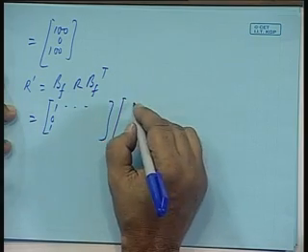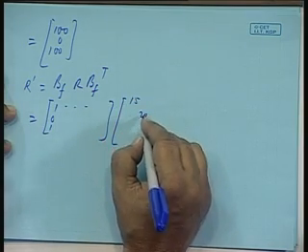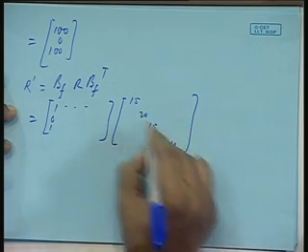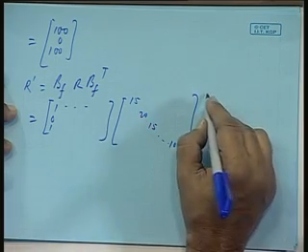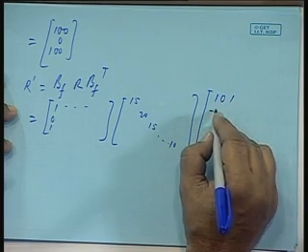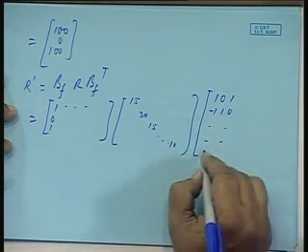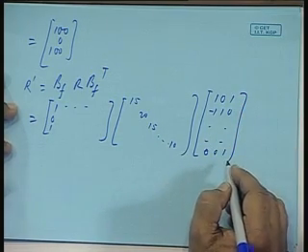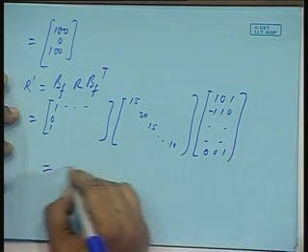Then you write R as 15 20 15 and so on, the 6 diagonal terms, multiplied by 1 0 1 minus 1 1 0 and so on, 0 0 1, which is BF transpose. So, it is a 3 by 3 matrix.